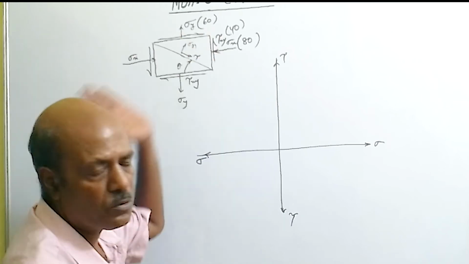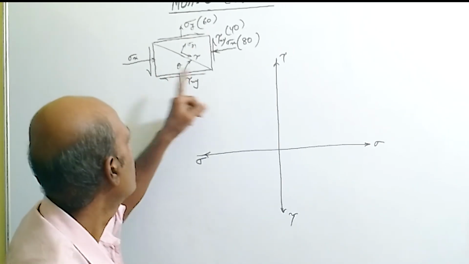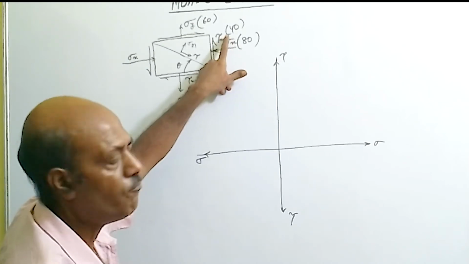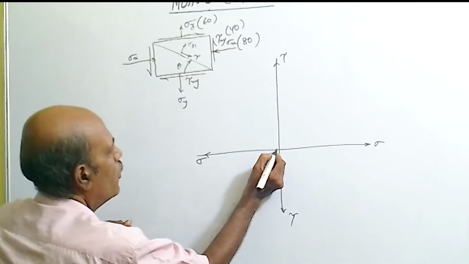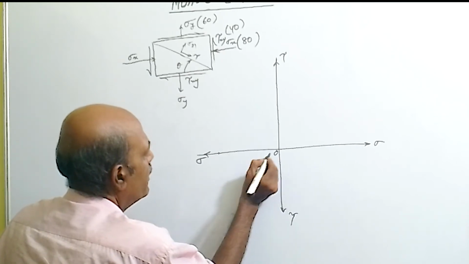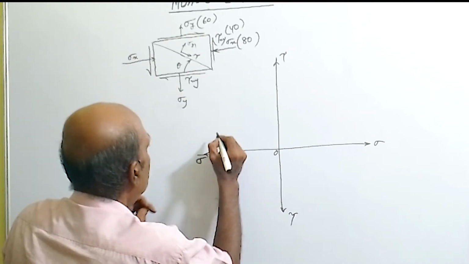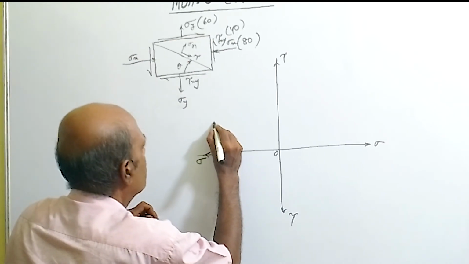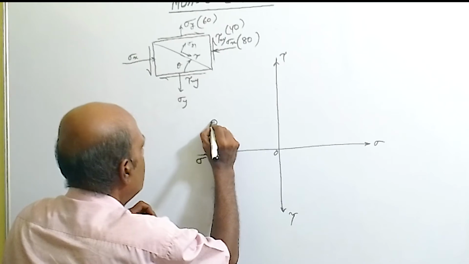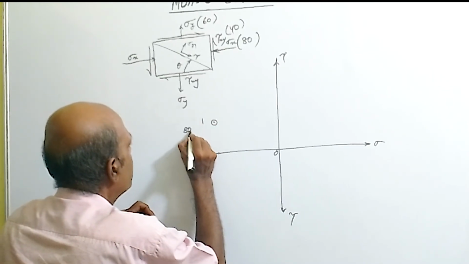So now go to the x phase, check the stresses acting on the x phase, that is 80 negative, 40 positive. So 80 negative, say this is 80, this is the origin, from the origin measure the distance 80, and 40 is positive, so let this one be 40. So 80, 40, so point 1 we have marked, that is 80, 40.